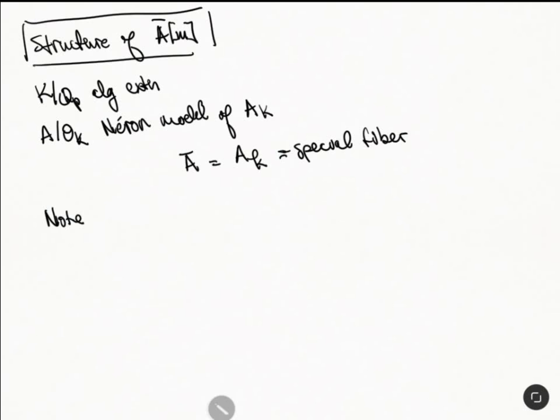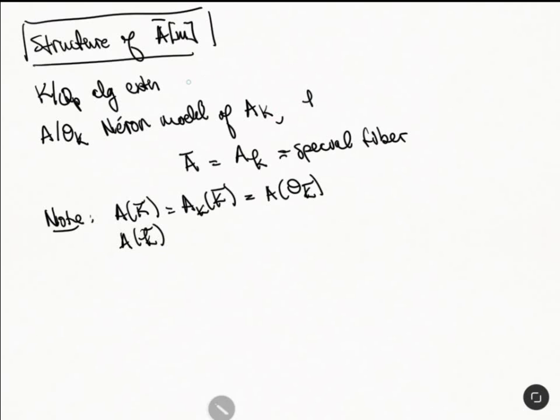Just as a reminder, the K-bar points here are the same thing as the K-bar points of the generic fiber, which is the same thing as the O_K-bar points of the Néron model. And little k is the residue field.